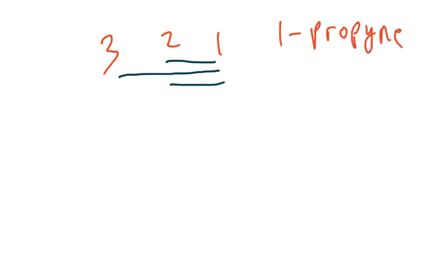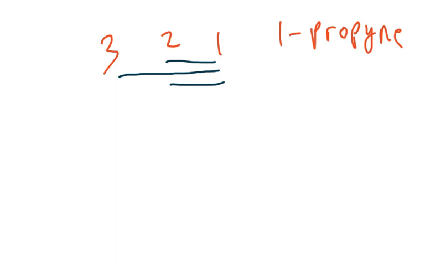Okay, so if we look at propyne, and we number the carbons so that the triple bond is on the least carbon number, we'd actually name it like this. So in reality, this would be 1-propyne, but that's being over specific. We can just write down propyne. But if someone asks you, okay, give me the formula for propyne, you know the prop prefix means 3, and you know it's an alkyne.